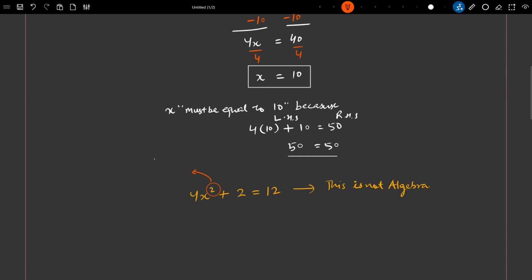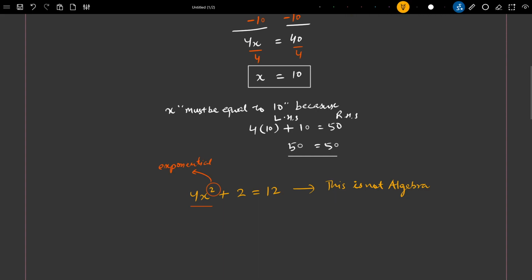Okay? This is basically an exponential term. So if you have any exponential term, it is not algebra.